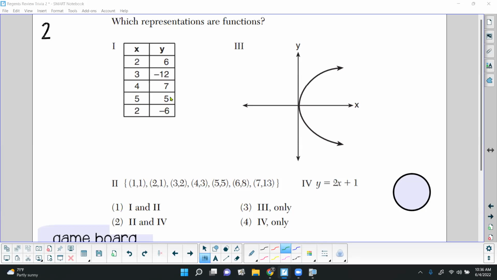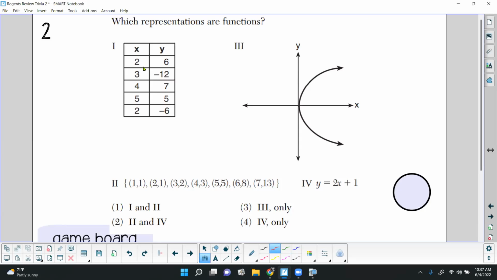Awesome. I'm still waiting on 4 kids, but hopefully you know that a function has no repeating x values and passes the vertical line test. Has no repeating x values and passes the vertical line test.